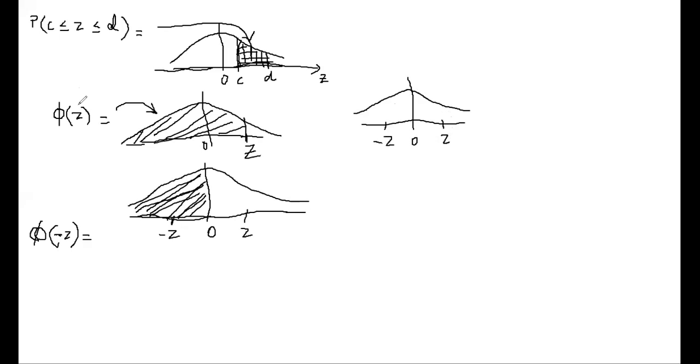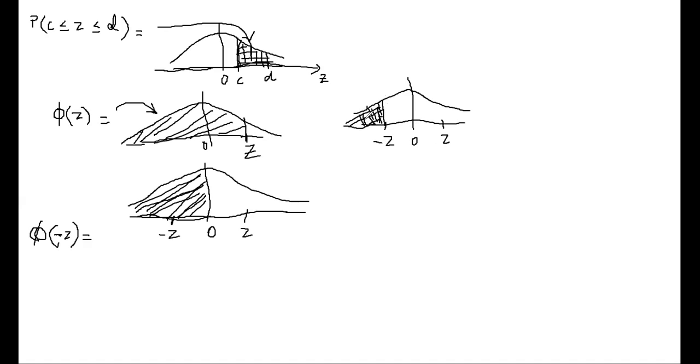Since phi of z signifies the area under the standard normal curve to the left of the ordinate at the point z, phi of minus z means the area to the left of the ordinate at minus z. That means this area we require to find out, right? This is our area phi of minus z. Are you all agreed with that?